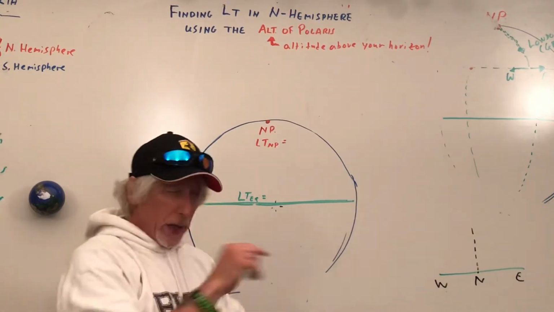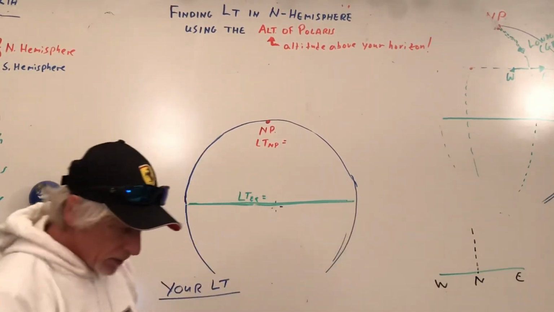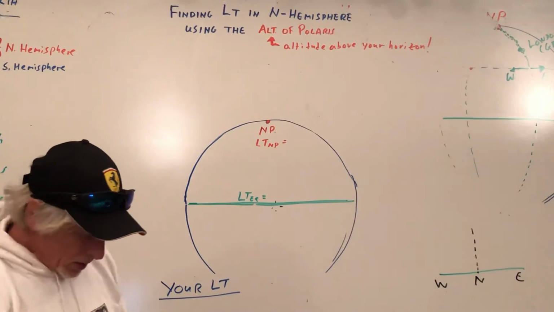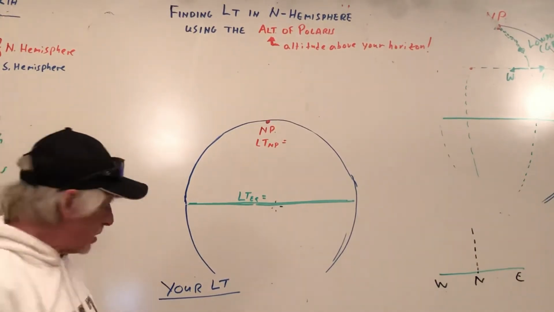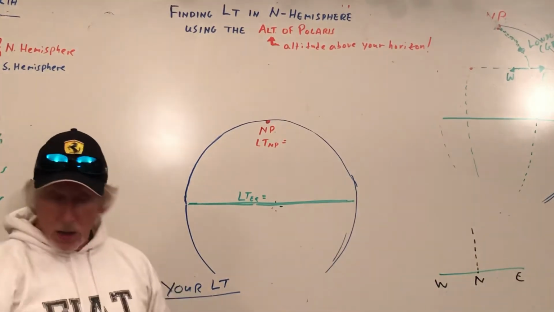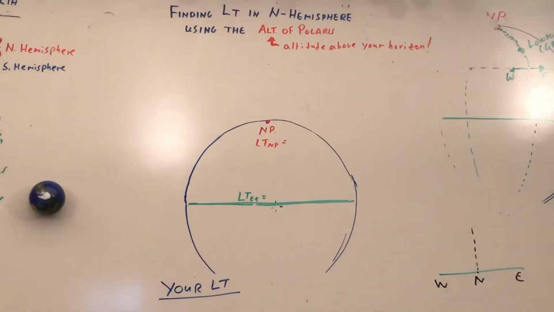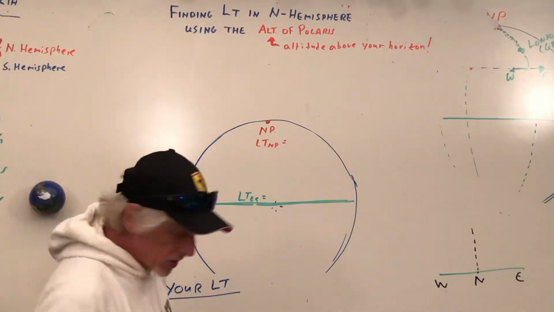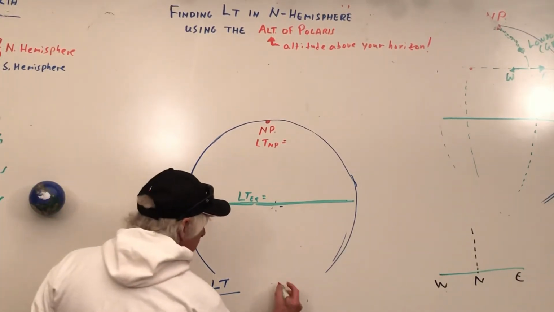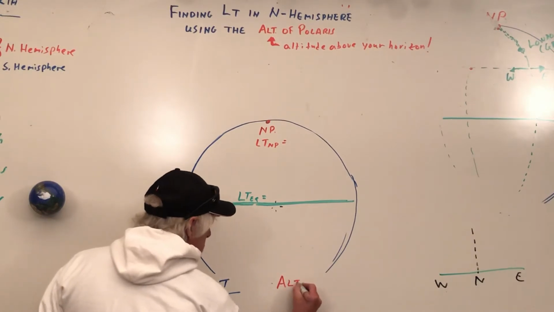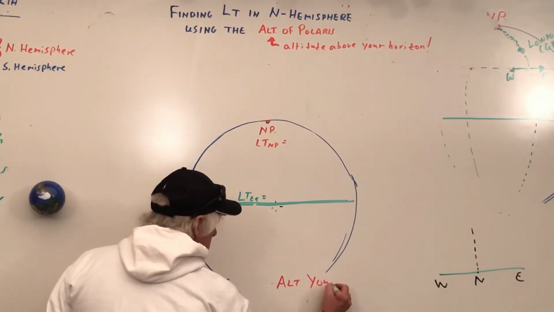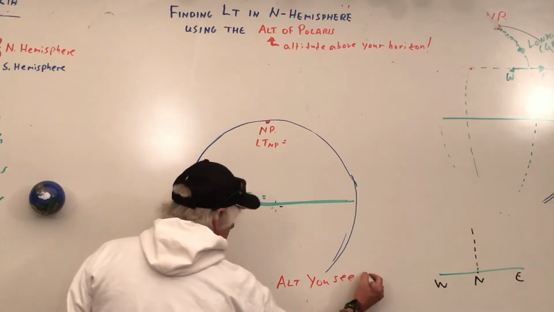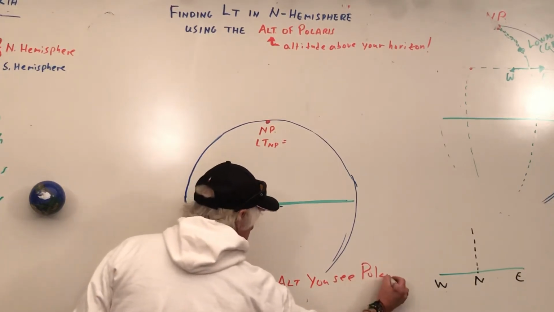That's why it's important to use eye level, not ground. Altitude you see Polaris, the North Star.